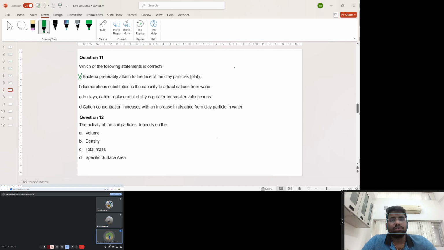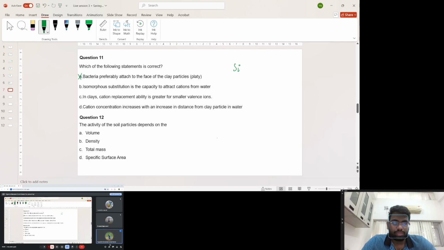All right. So now in a mineral you consider silica. What is the valency of silica? What is the charge of silica? Silicon ion.